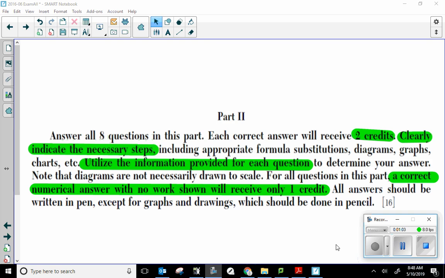Note that diagrams are not necessarily drawn to scale. And for all questions in this part, a correct numerical answer with no work shown will only receive 1 point. It doesn't matter if it's a 2-point question, a 4-point question, a 6-point question. If you have the answer with no work, you only get 1 point. So let's rev this baby up and get started.